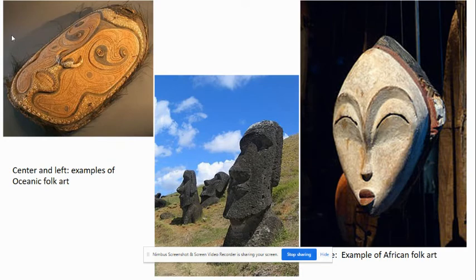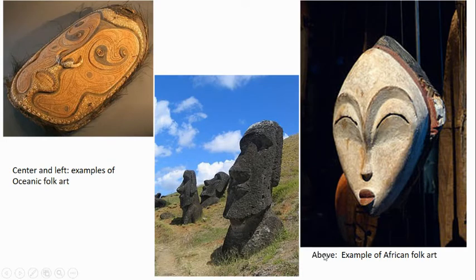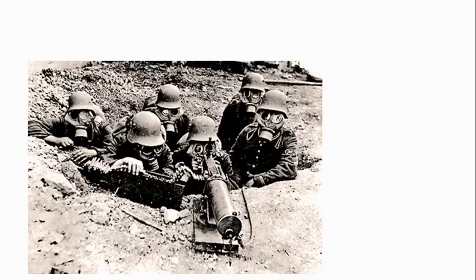So here are some examples of things that they would be seeing pictures of and seeing in museums. That would be African folk art, like the mask on the right, and oceanic folk art, like the mask on the left, and also the statues from Easter Island.